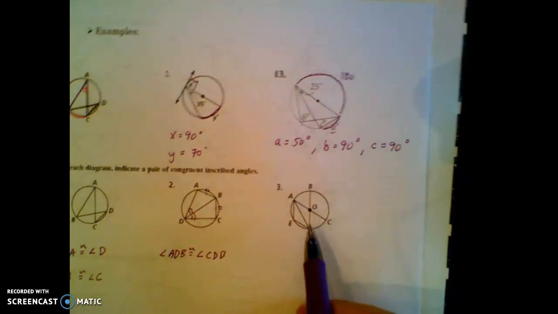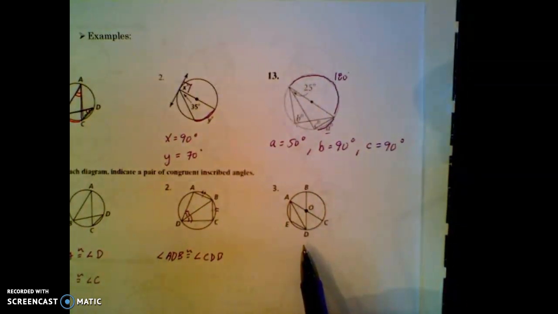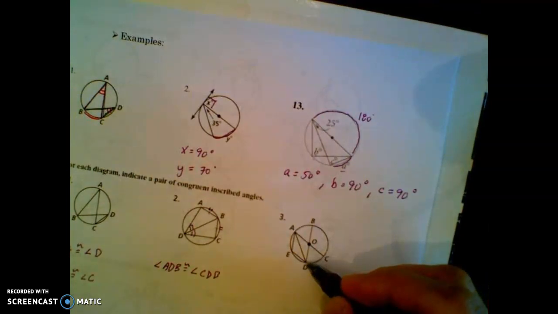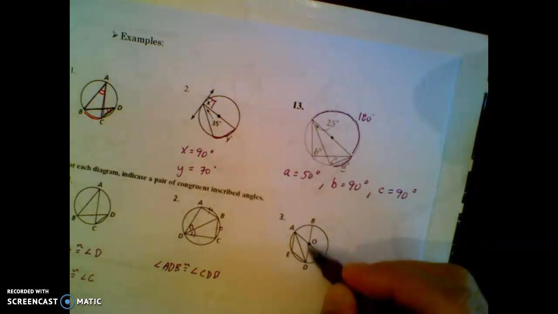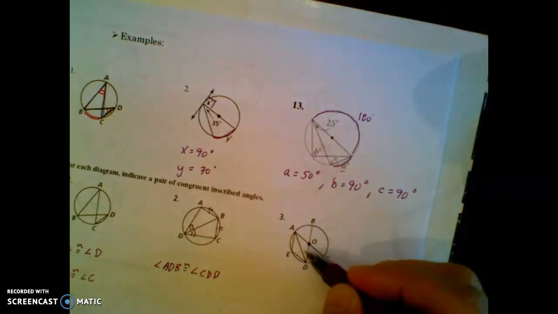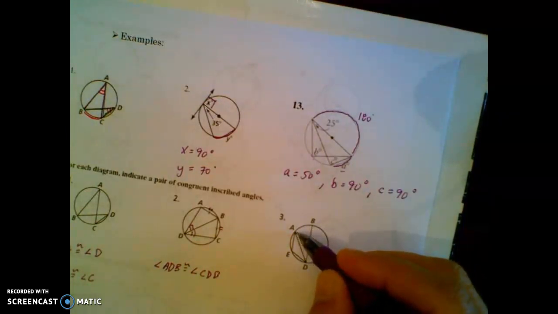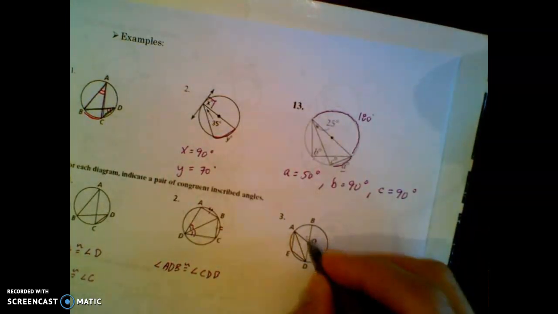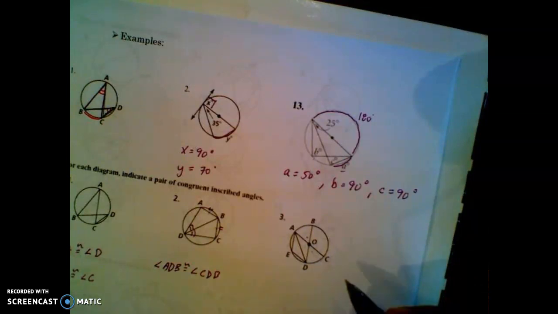Over here, a pair of congruent inscribed angles. I see one inscribed angle right here, ADB. I don't see any other inscribed angle making that. I see another inscribed angle here. Oh, I have vertical angles here at the center. These are congruent central angles.